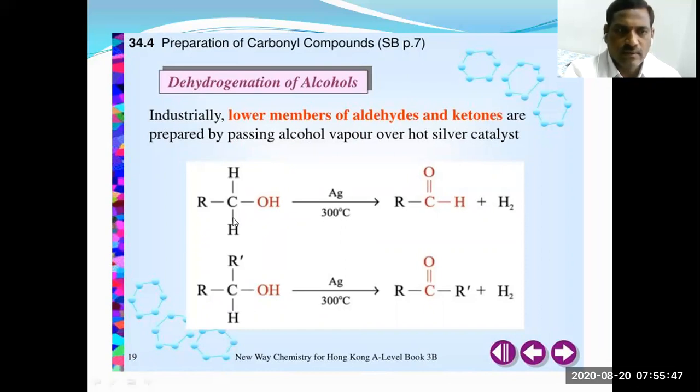So see here, this is the primary alcohol passing over hot silver catalyst. You can get the aldehyde by the dehydrogenation reaction, whereas from secondary alcohol we can prepare ketones. So ketones are prepared from secondary alcohols, aldehydes from primary alcohols, by this method.